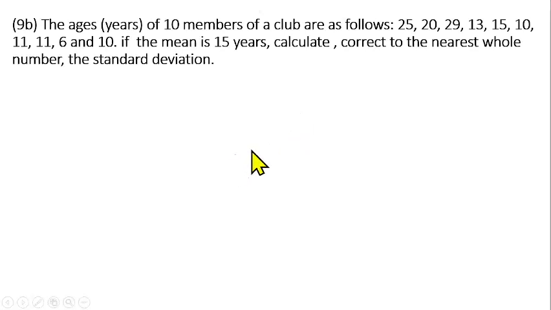So we are given this as grouped data, although some of the data are repeated, like 10, 10, and 11, 11. We have already been given the mean.